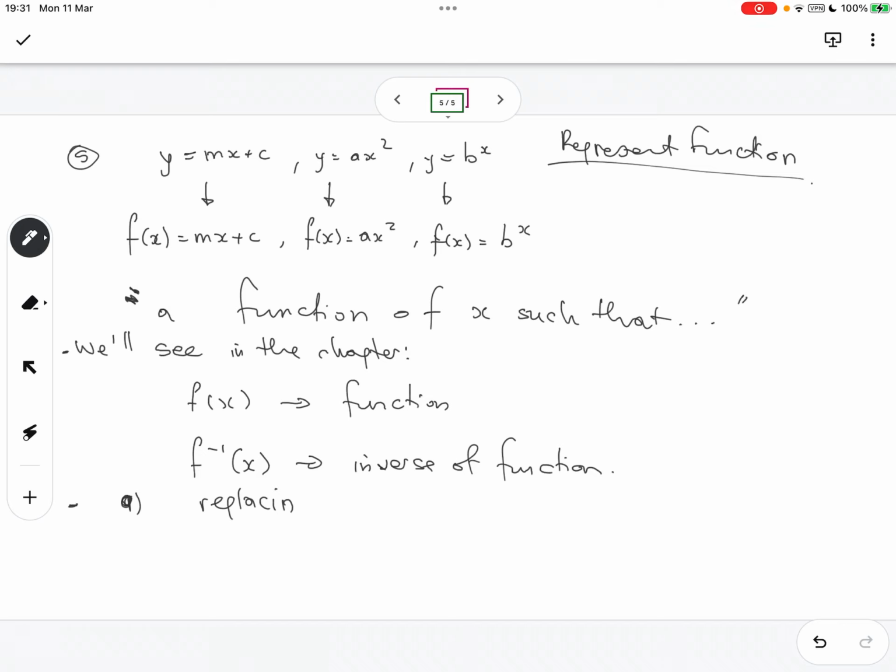Once we finish with this summary, I'm going to jump straight into a worked example, and then you'll see how we work with it, especially this part that I'm explaining now. The first step we do is to swap x and y in the function, and then we make y the subject of the formula.